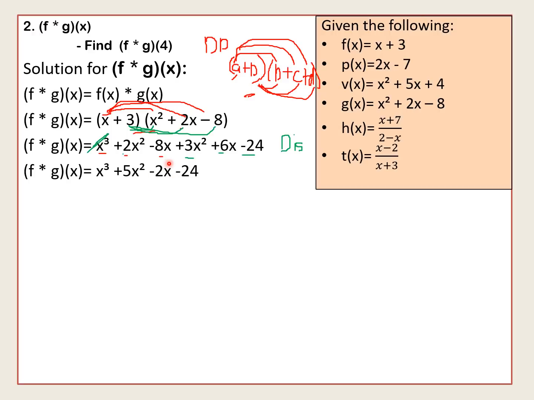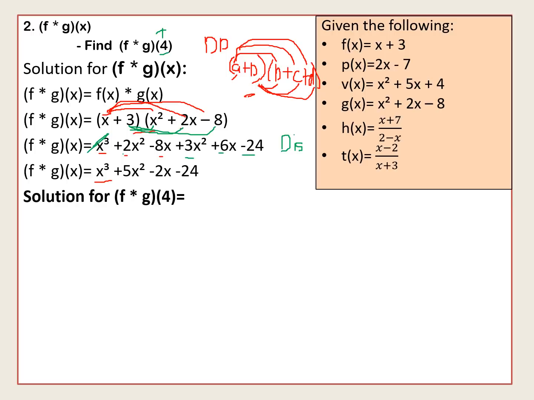But we're not done yet. Why? Because according here, we have to find for f times g of 4. What does this mean? It means that our x here is 4. Okay? So, gagamitin natin itong nakuha natin na product for us to evaluate. Kasi evaluation na tayo. Okay?